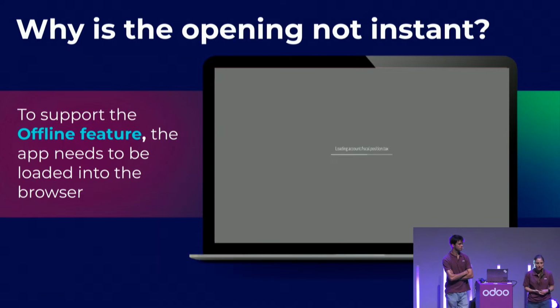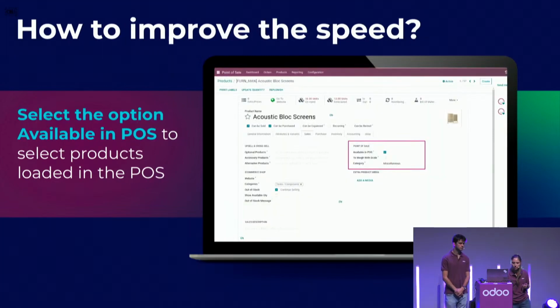And when loading the app, we of course need to load all master data and models in order for it to function. So of course, the speed of the session's opening will depend on the volume of the data loaded, and this can take a minute or two.